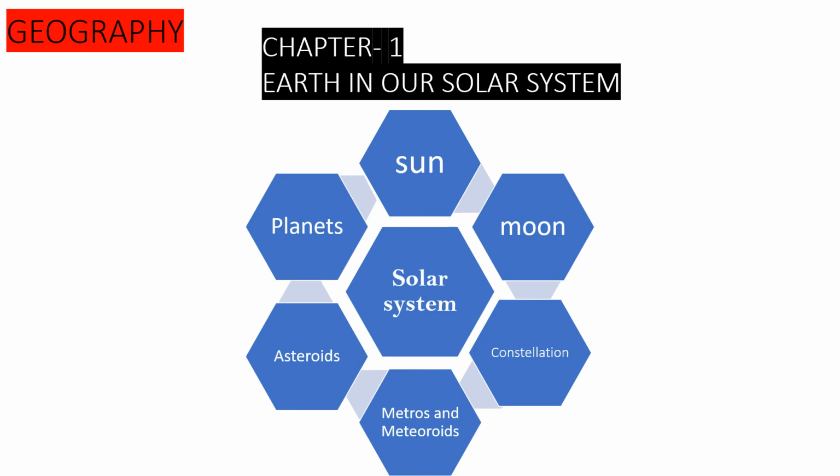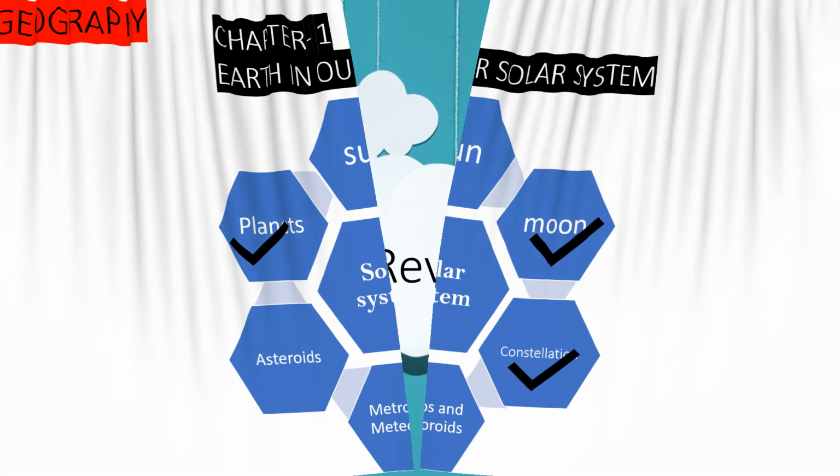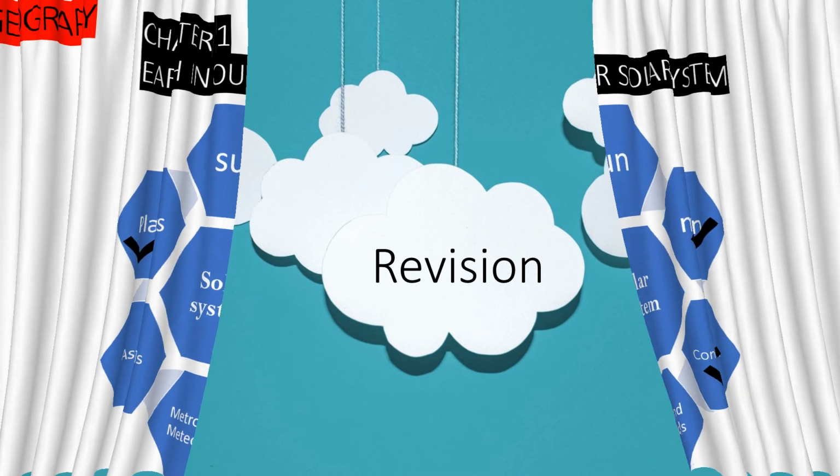Basically all these comprise the solar system. We have completed the topics planets, the moon and the constellations. So without wasting much of our time, let's have a quick revision.